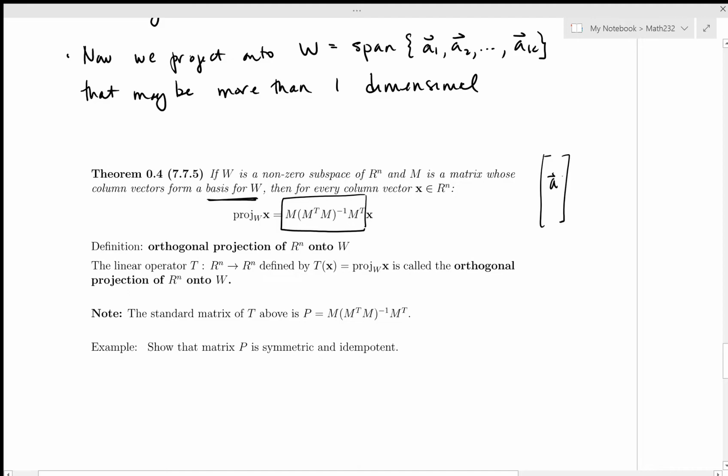The line was t times A, and then we took A transpose. So we're doing the same thing, but we're just allowing for it to be, instead of just a single column, a matrix M where all of the basis vectors for W are columns. Okay, so it's the same thing. It's a projection. Okay, so there is the matrix identified as P.